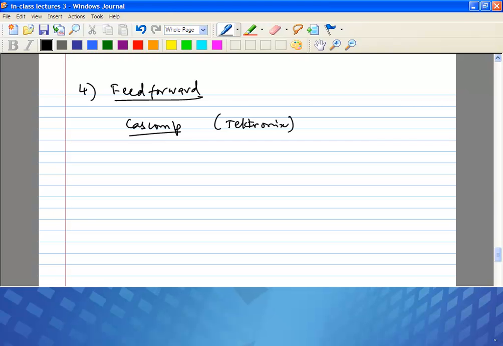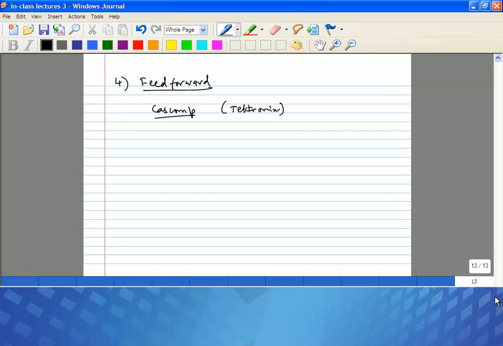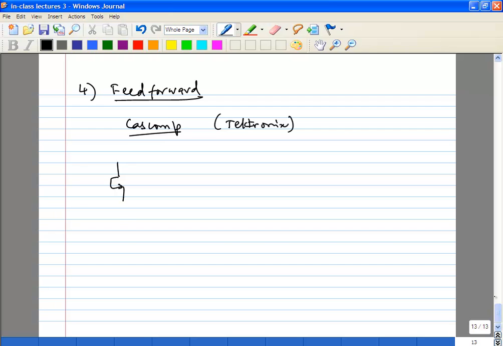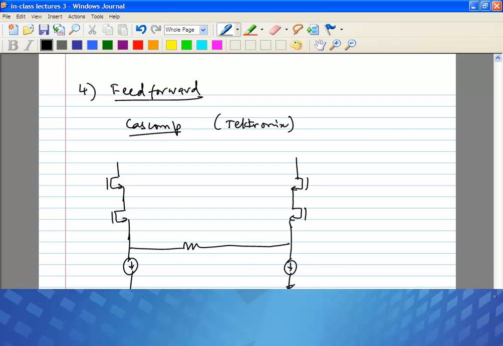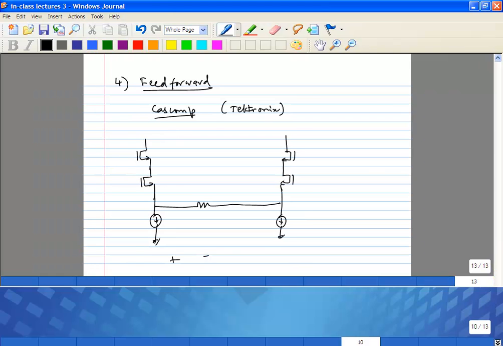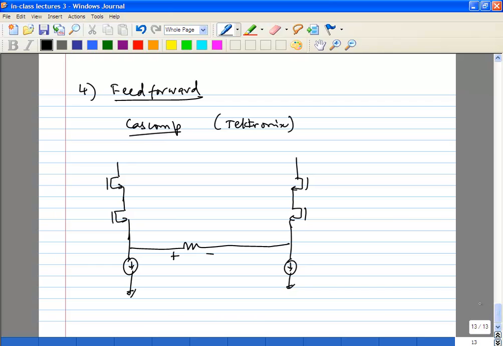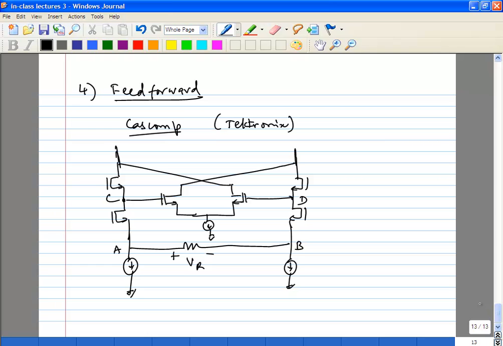Okay, so it looks like this. Okay, looks something like this.